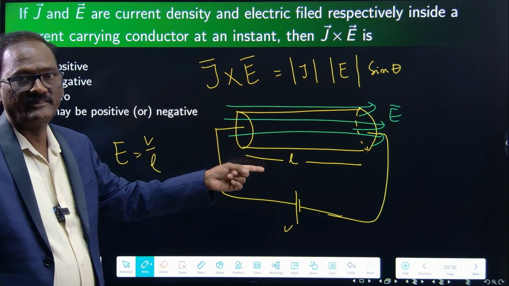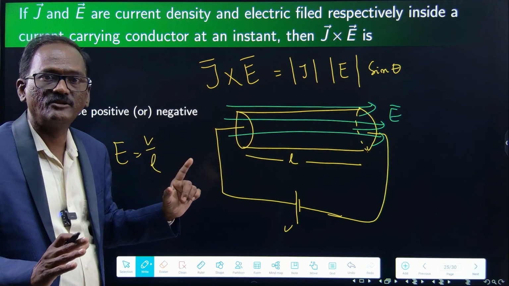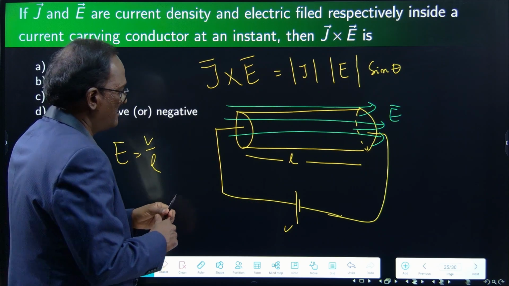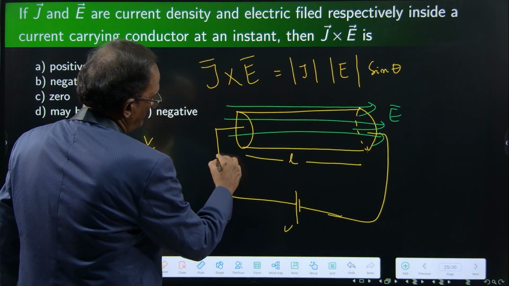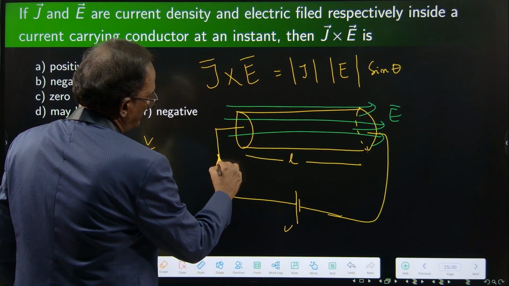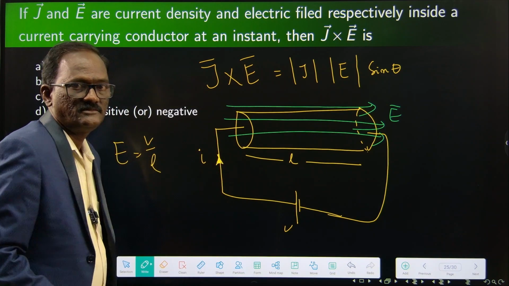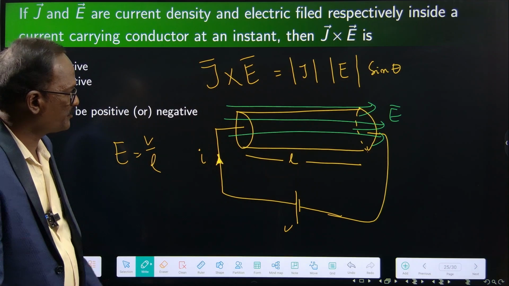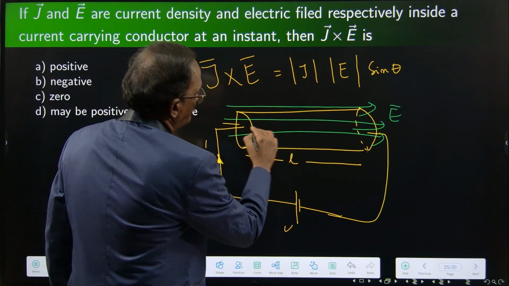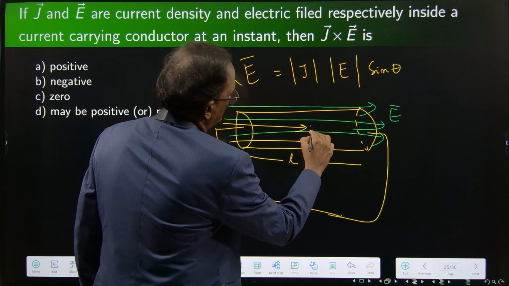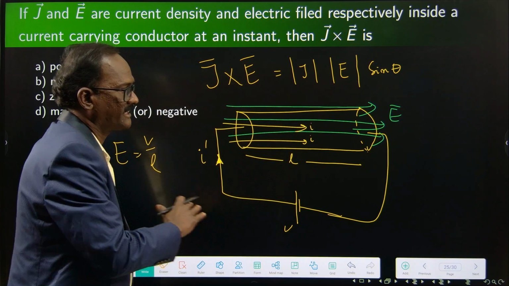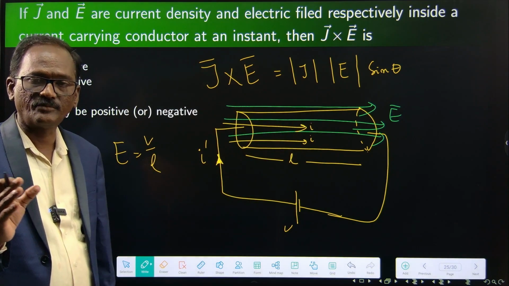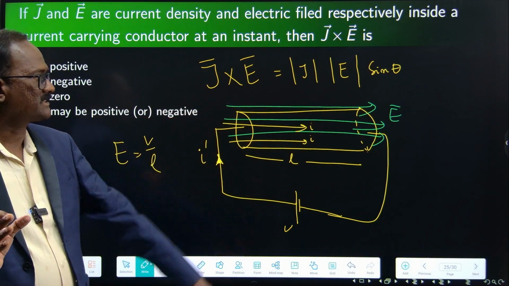In the concept video, we have discussed it elaborately. So all the electrons are moving in this direction, but the conventional current, I, is moving in the opposite direction. This is the I direction inside the conductor. So movement of positive charges also people tell. This is the direction of current.